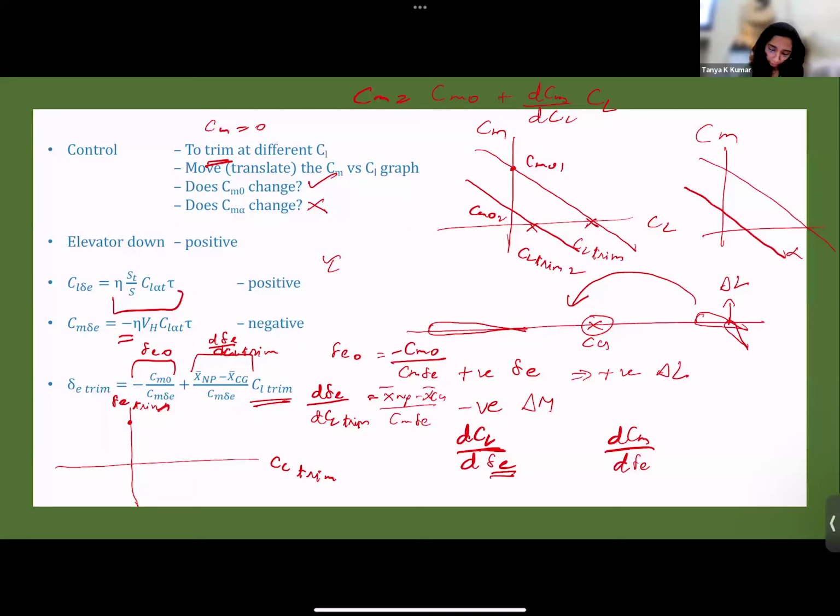Slope is negative, correct. So you'll have a graph something like this. Suppose I want to trim at this CL. If I draw a line parallel to the y-axis, I see how much I should deflect my elevator to trim at the given CL. So that's how you use this equation.